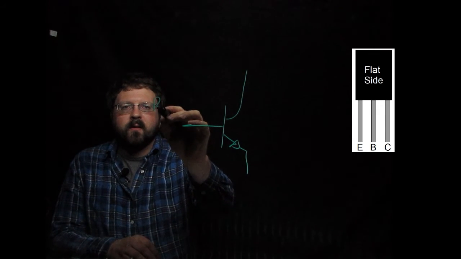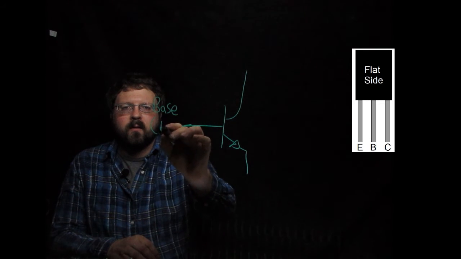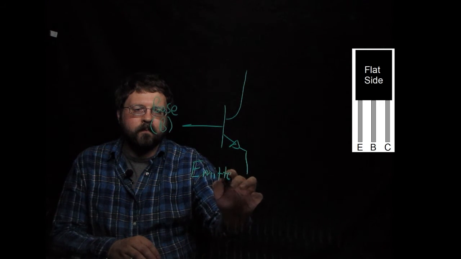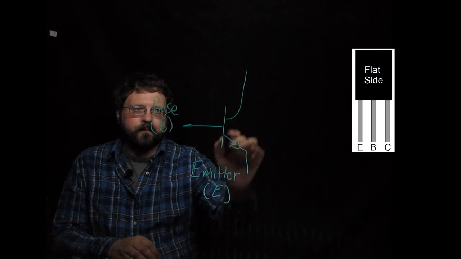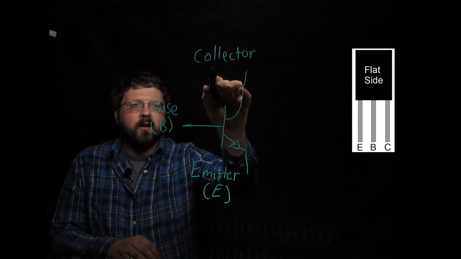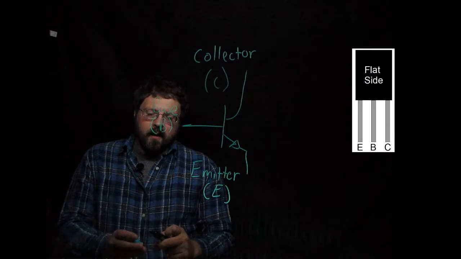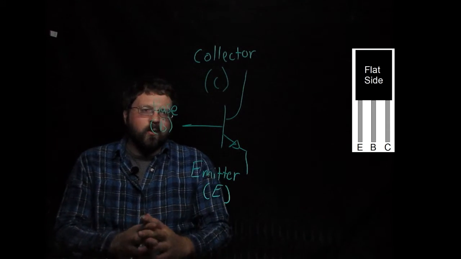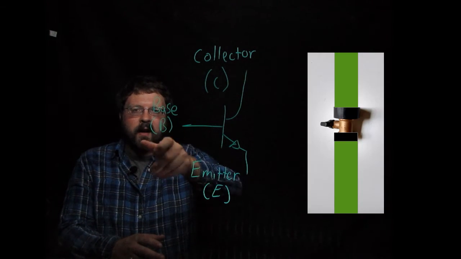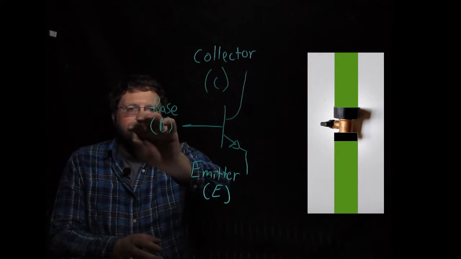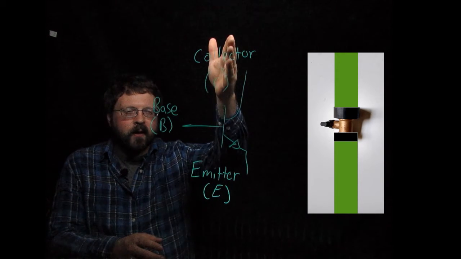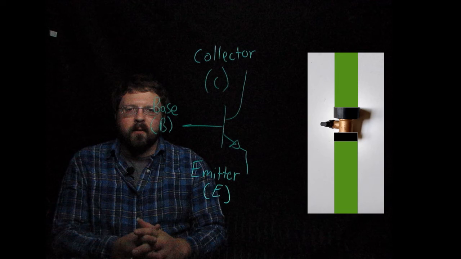We've got the base, we've got the emitter, and we've got the collector. And the way this works is the base acts kind of like the valve on the garden hose. So when there's some current that runs into the base, it opens the valve and allows current to flow freely from the collector to the emitter.